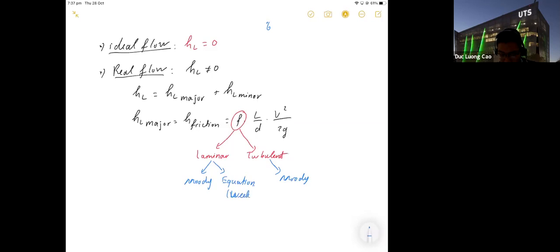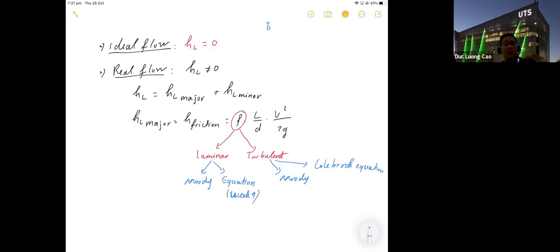For turbulent, you have the Colebrook equation. So you can use the Moody diagram or equation to find F, laminar or turbulent. But I still highly recommend you use Moody, easier.